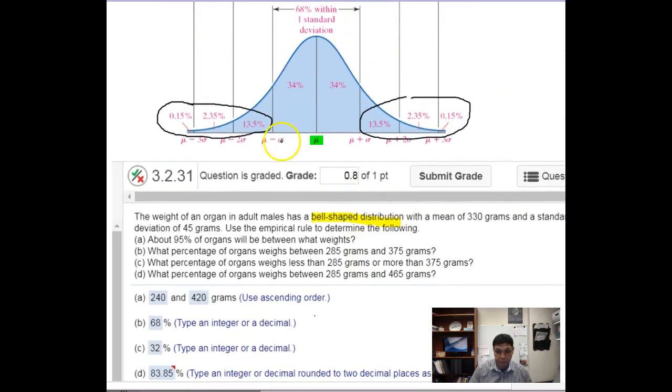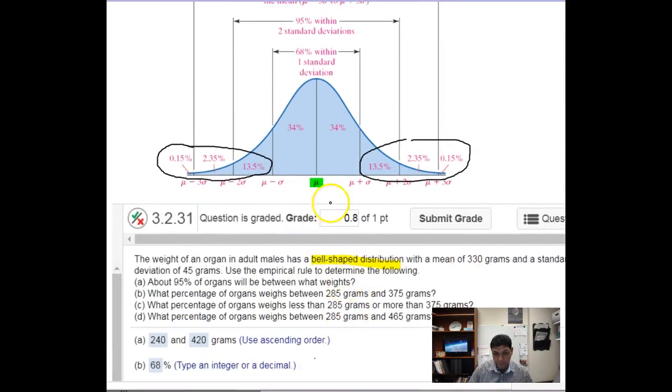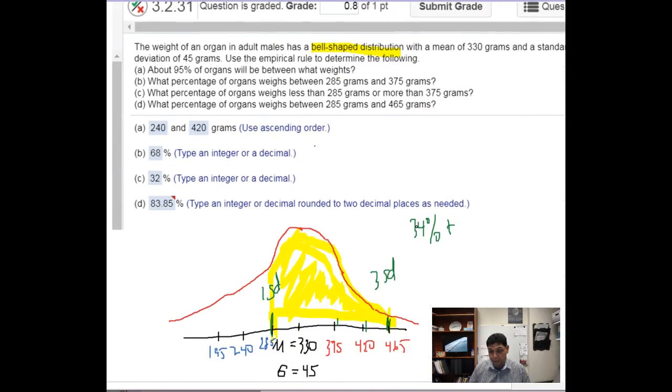We're going to add up those values. You have 34% for 1 standard deviation. So we're going to do 34% plus, from the mean all the way out over here, 34 plus 13.5 plus 2.35. I'll write it all out: 13.5% plus the 2.35%.